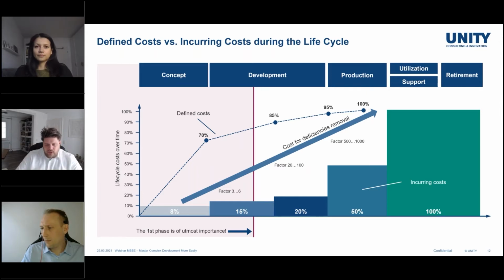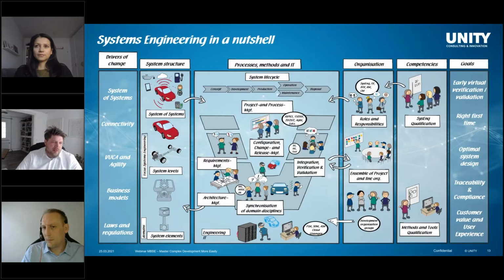And if you look at systems engineering from our perspective, this is our crowded slide of systems engineering in a nutshell, right? For us, when we talk about systems engineering, there are certain drivers which drive the application of systems engineering, or the need for the application of systems engineering.